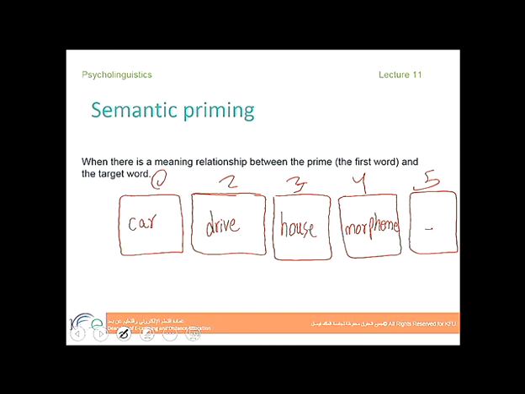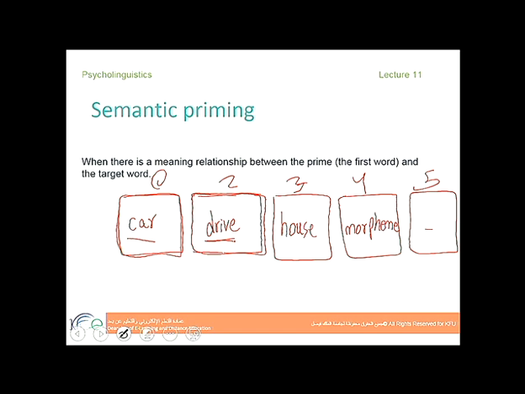All right, now car. First of all, I show the word car for 500 milliseconds, half a second, and then I take it away and I show you the word drive for another half a second. Drive. Now, do you think this will affect how quickly you answer, you accept or reject this word?